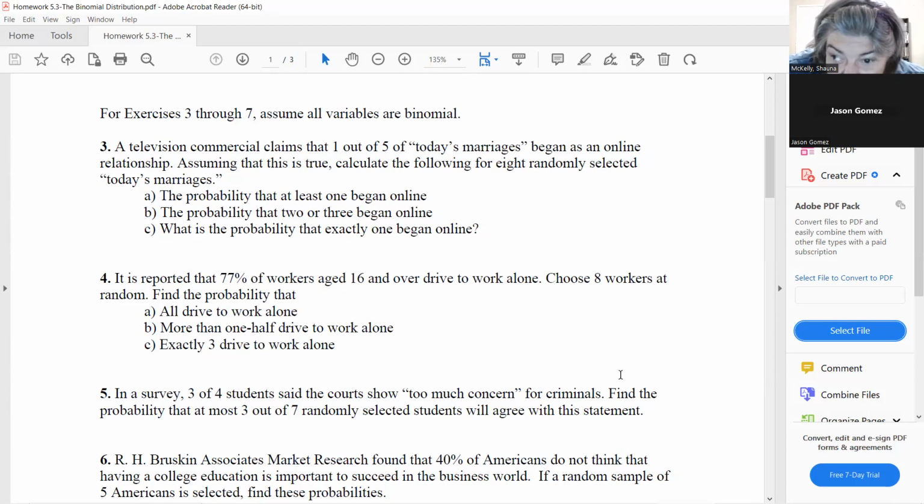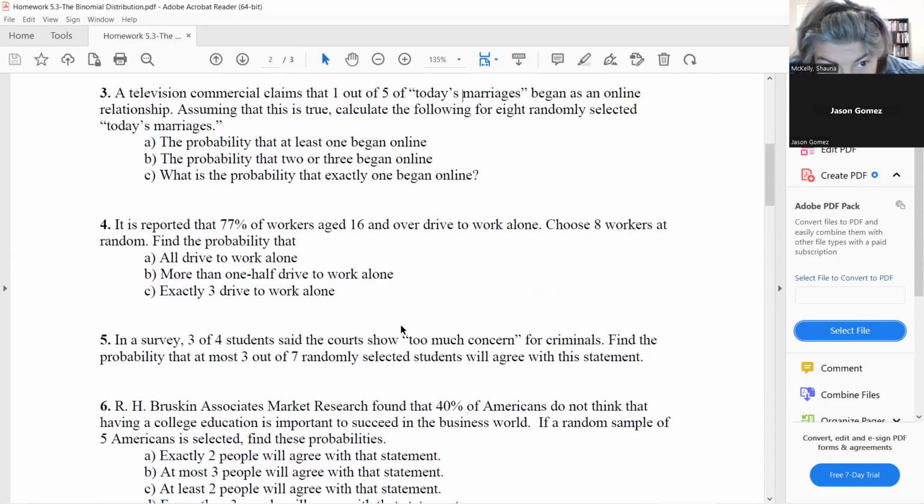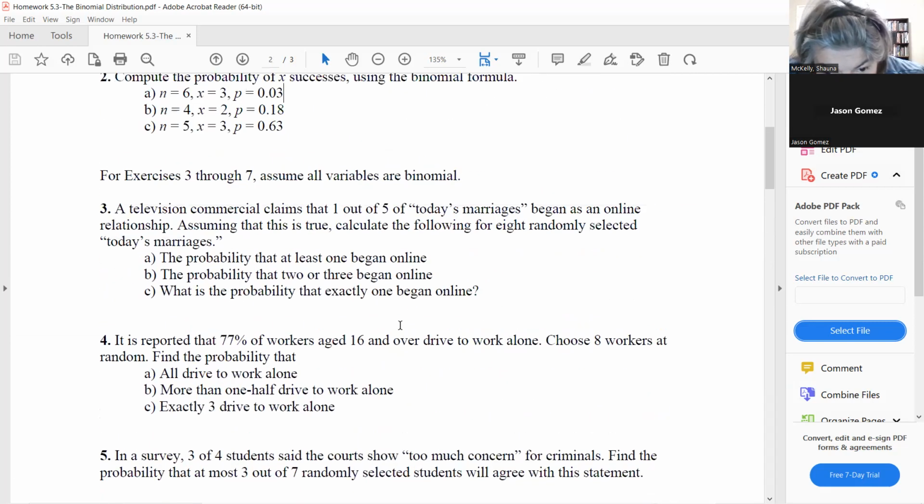Half of how many though? 8. Yeah. What is half of 8? 8 divided by 2 is 4. So this is another way of saying more than 4, right? So we want to find the probability that more than 4 drive to work alone.